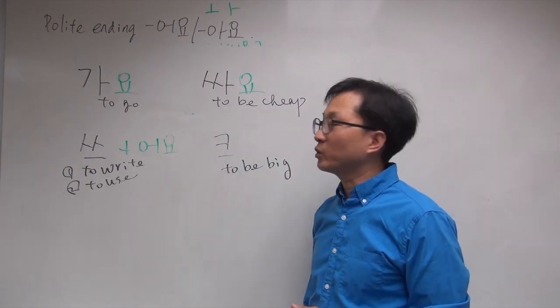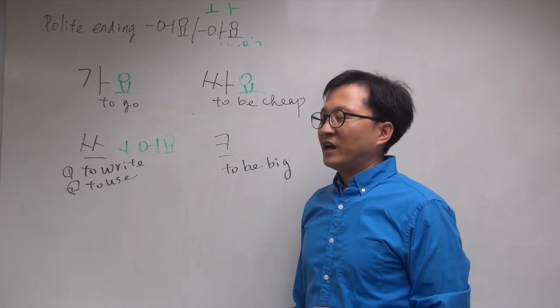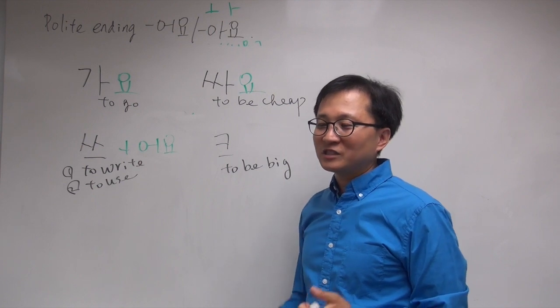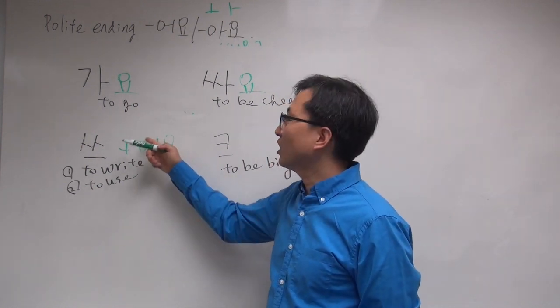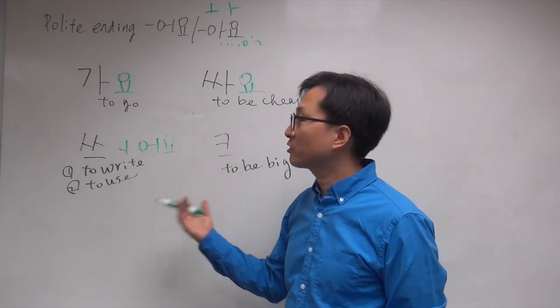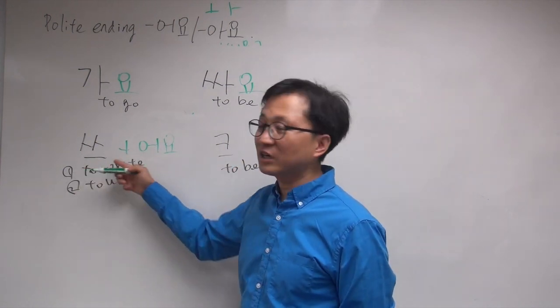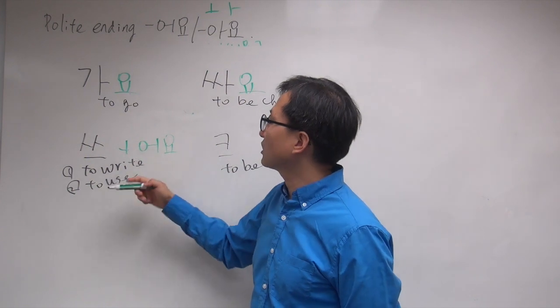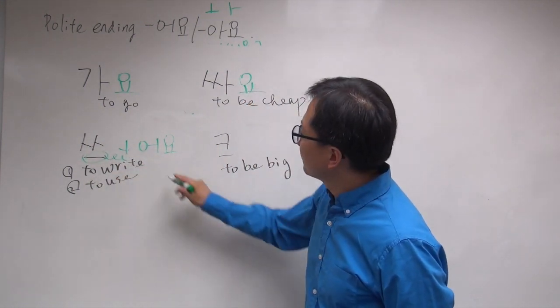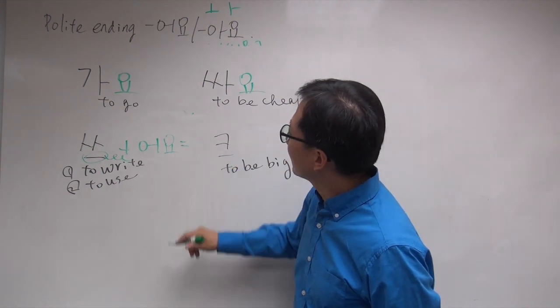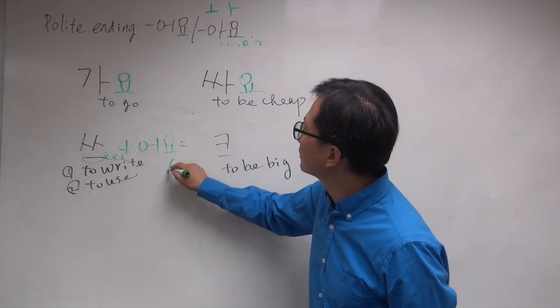And 쓰어요. I guess maybe it's a pronunciation issue. 써요, 써요. This sound is clearer than the other. The ㅡ sound is weakened before this sound. So we just take this out.